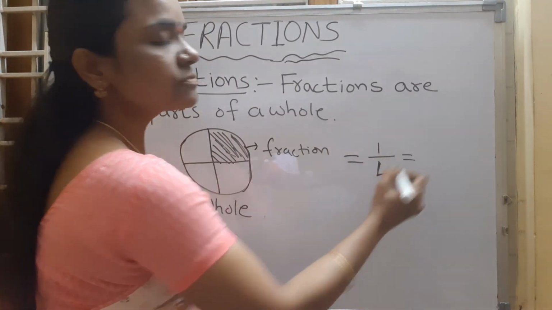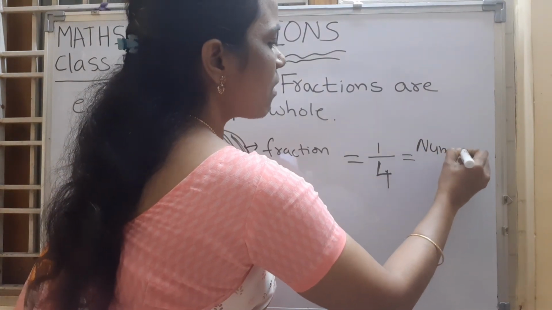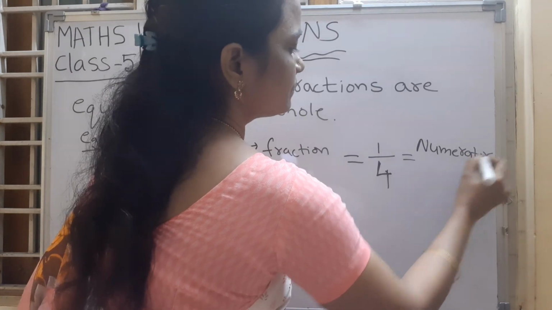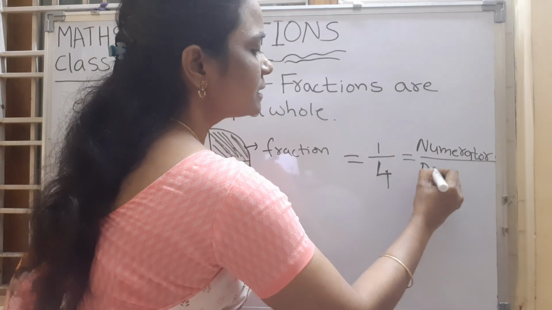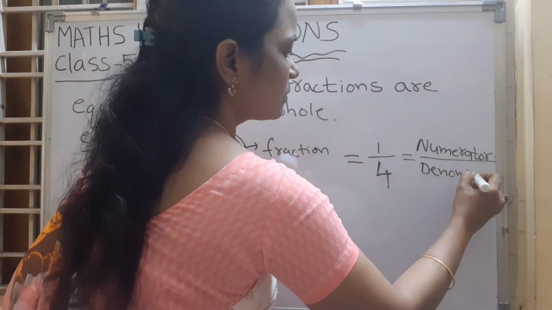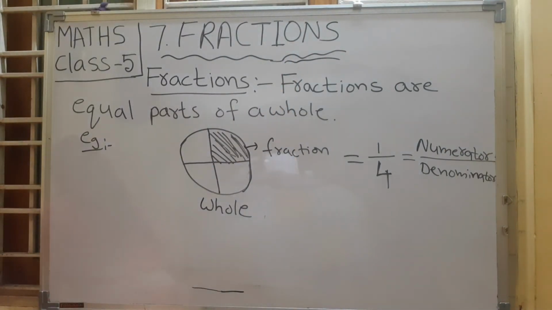So here what is 1, children? 1 is the numerator. 1 is called numerator. What is 4? 4 is the denominator.